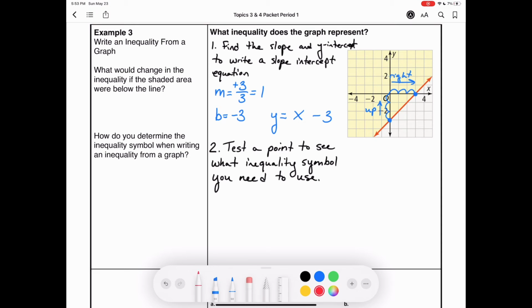I'm going to select the point 3, 4, but you guys can pick any point that you want when you do this. I just like picking simple numbers.